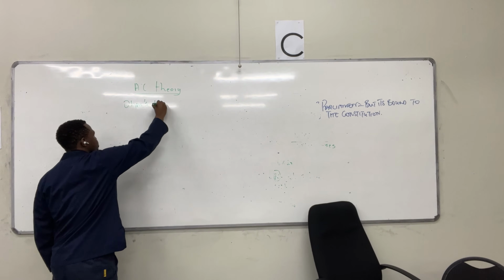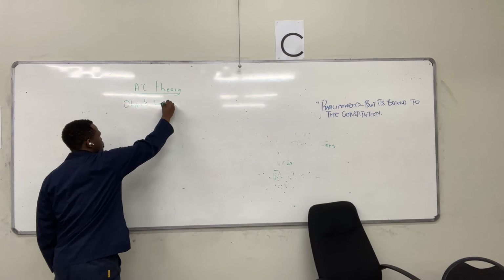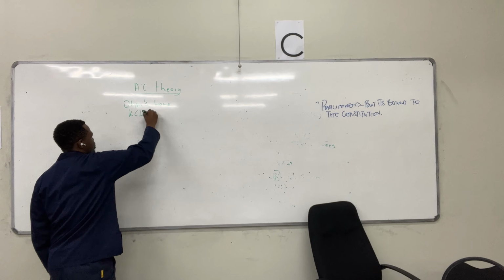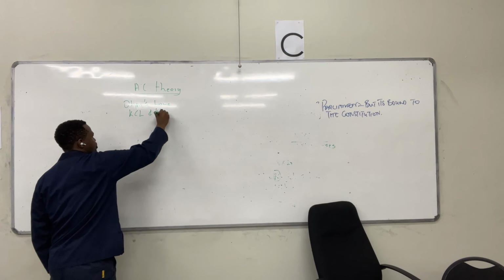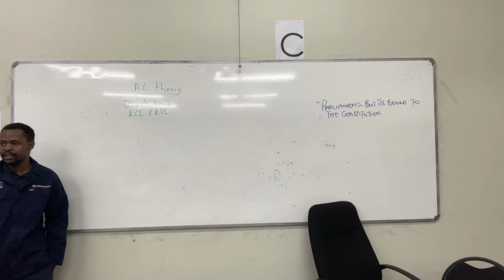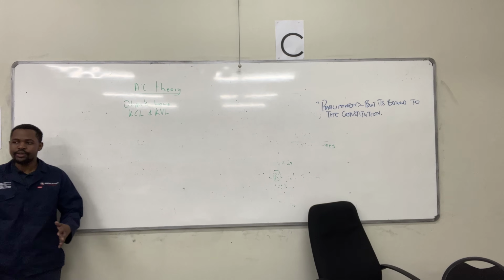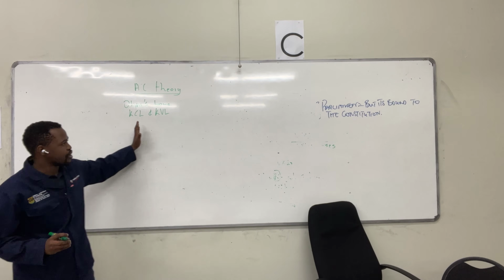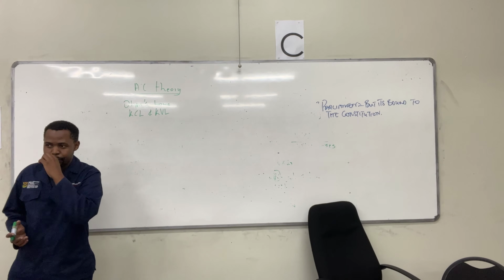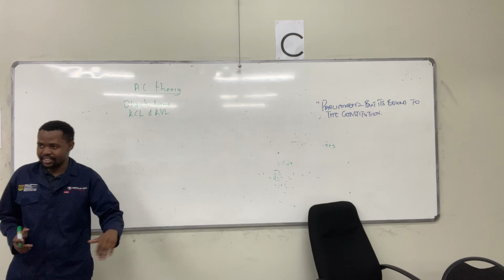Ohm's law, Kirchhoff's law, which is Kirchhoff's current law, KCL, and Kirchhoff's voltage law, KVL. So now our source is no longer the same as before. Our source is alternating.